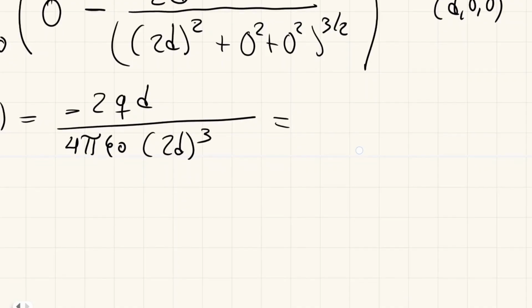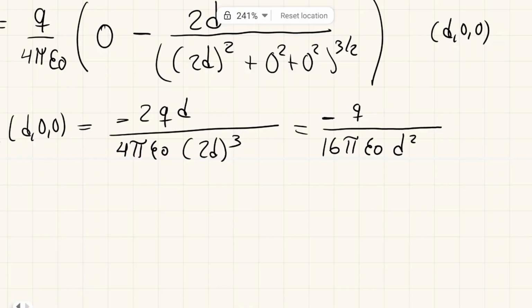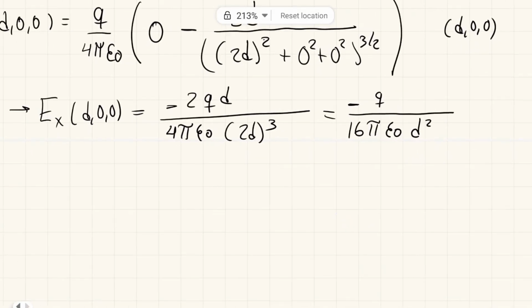So this is going to be equal to negative q divided by 16 pi epsilon 0 d squared. Perfect. So this is going to be the electric field.